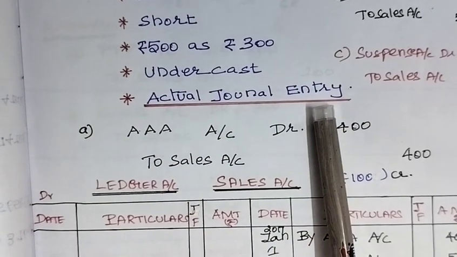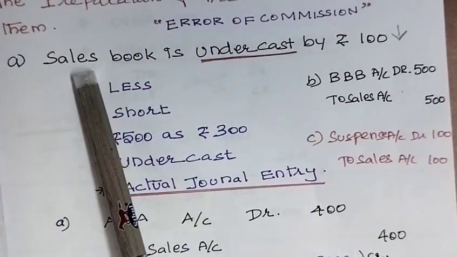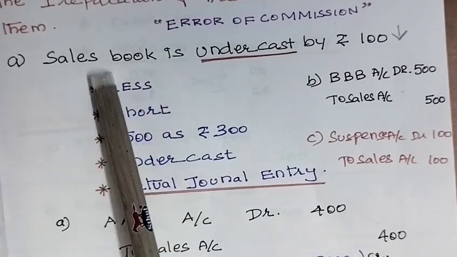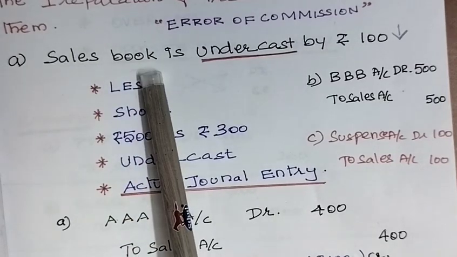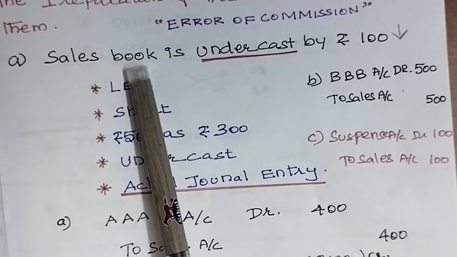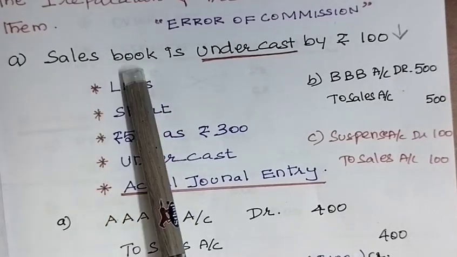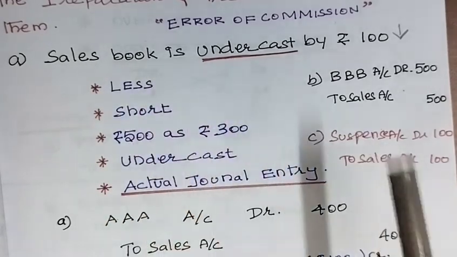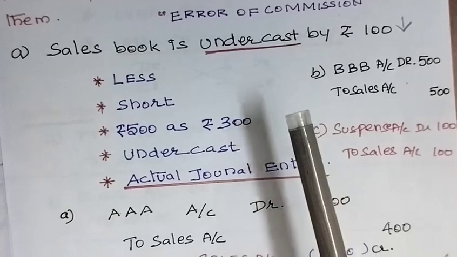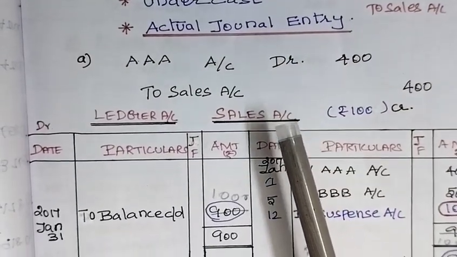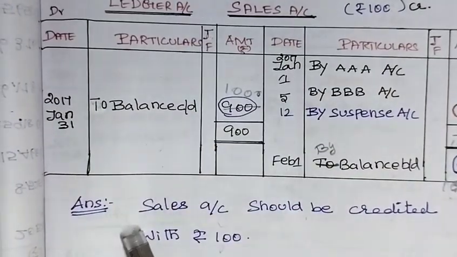Listen carefully. What is given here? Sales book. Sales book is always shown on the credit side. So this is the answer: Sales account should be credited with rupees 100.